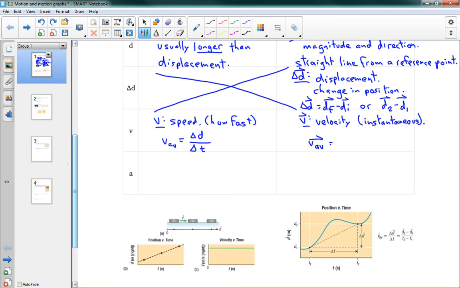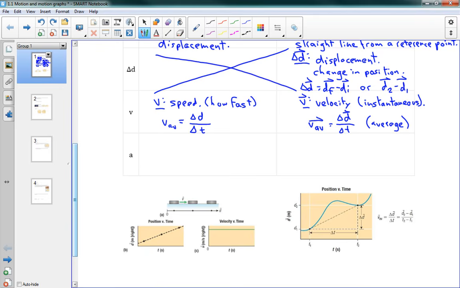Whereas the average velocity, we have an equation for this, delta d over delta t, and this is for average. Instantaneous, we can't really calculate without using calculus or without taking the tangent on a graph.